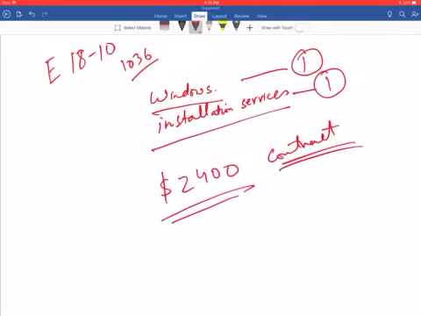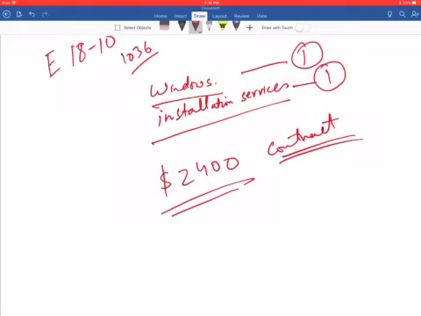Jarrett's charges the same price for the windows irrespective of whether it does the installation or not. So this is a kind of marketing scheme: whichever you pick, you are going to be charged $2,400. It's a bundled price for these two services.